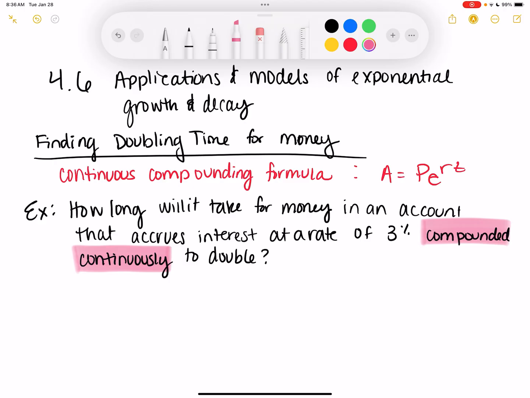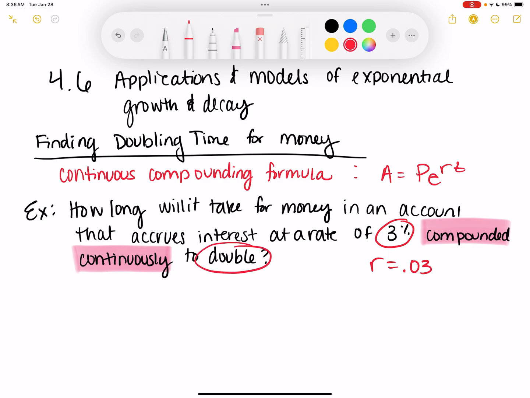So how long will it take for the money in an account that accrues interest at a rate of 3%? This is r for rate, but we have to convert it to a decimal. What is 3% as a decimal? 0.03. Compounded continuously to double.